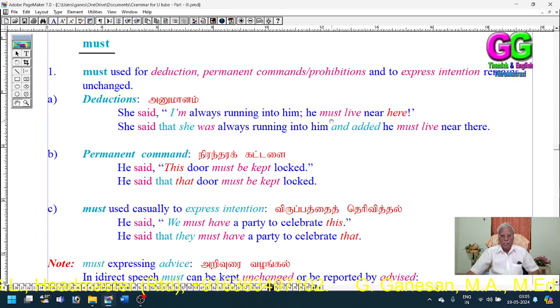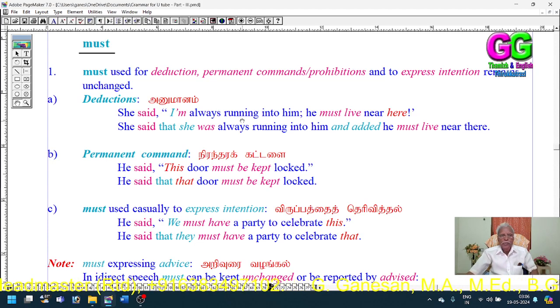Here, must live, the auxiliary must has been kept unchanged. Other things have been changed as per the rules.